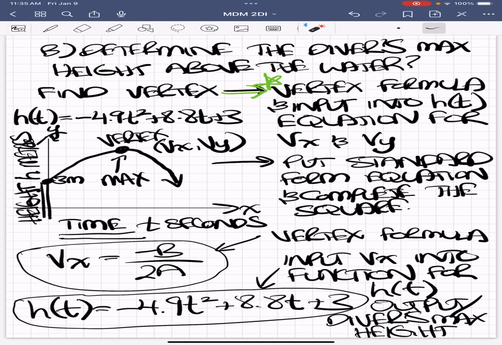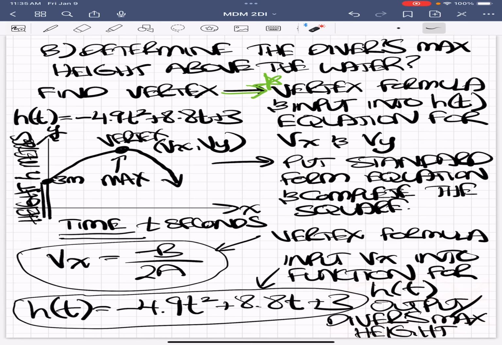Or we can put the quadratic equation in standard form and complete the square. We have our h of t function, and so we have the vertex formula, and then we input the x-coordinate of the vertex into the function for h of t, for an output of the diver's max height.